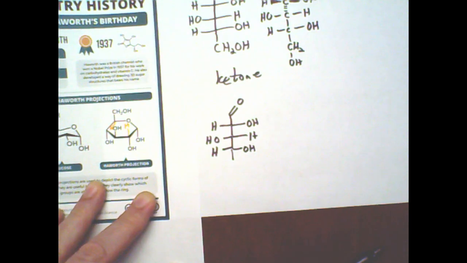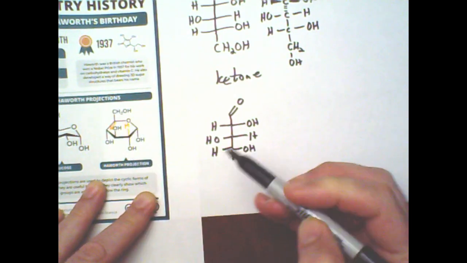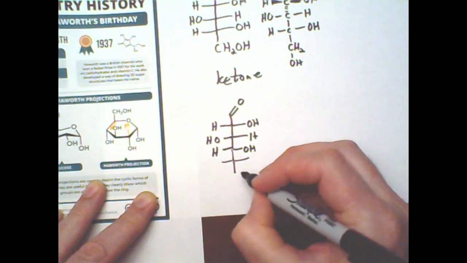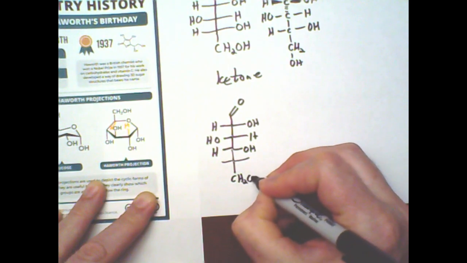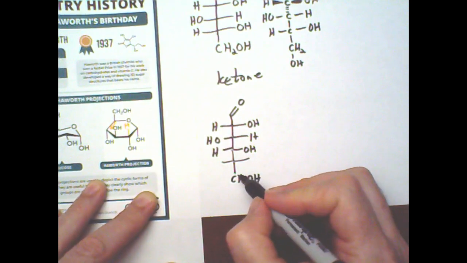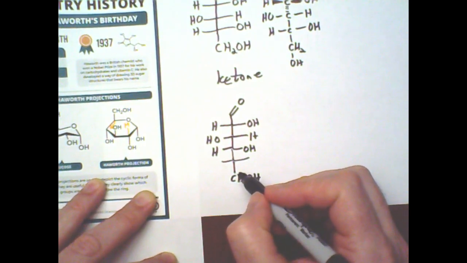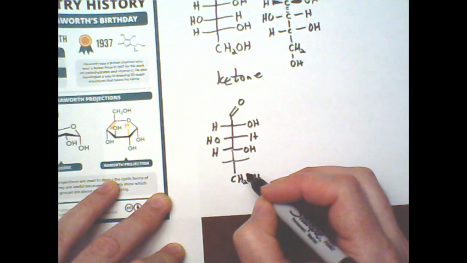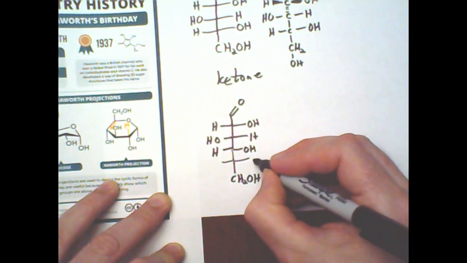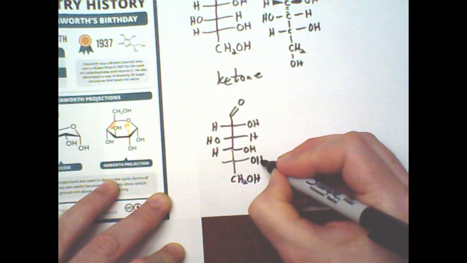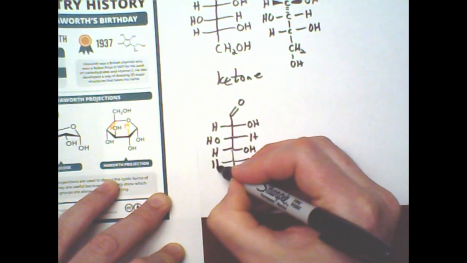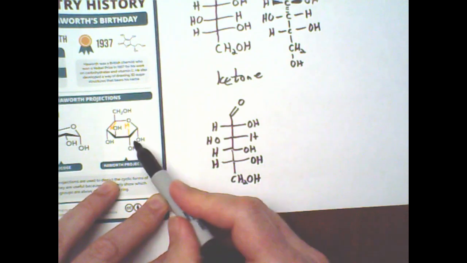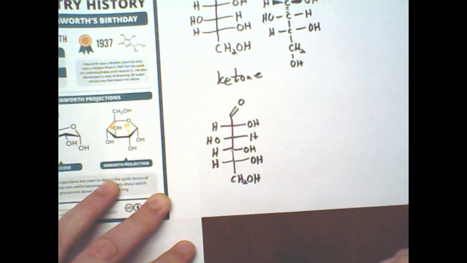So I've got to rotate things in my head so that this CH2OH goes down. And this takes me a moment. Well, I know what it's going to be. Since this is a D sugar, the OH is going to be on the right. So we've redrawn this in its linear Fischer projection.